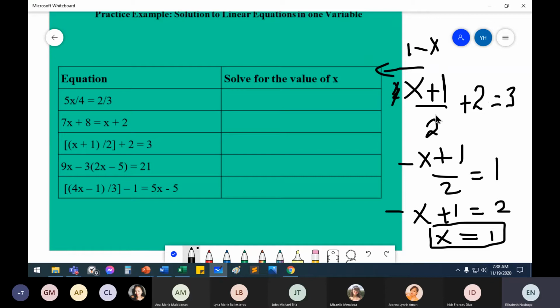Because if I started by multiplying everything by 2, then this will become 2 also, it will be giving you too much trouble. So analyze it in such a way that it will give you the shortest procedure possible. It will look neat and it will look like you really know what you're doing.